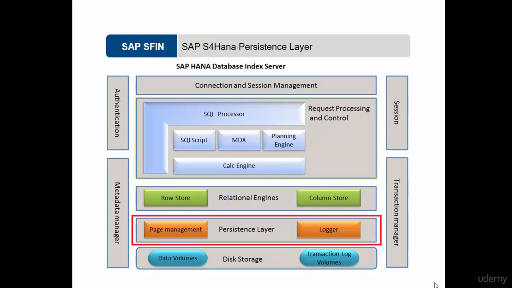The persistence layer offers interfaces for writing and reading persisted data. It also contains the logger component that manages the transaction log. Transaction log entries are written explicitly by using a log interface or implicitly when using the virtual file abstraction.